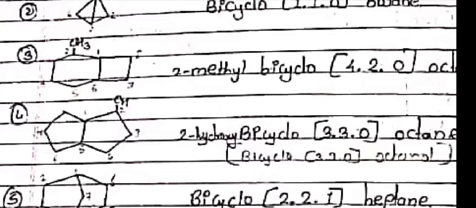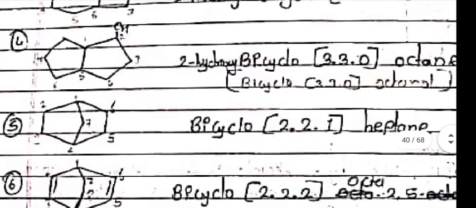Numbering should start from a bridgehead carbon atom, so 1 2, in such a way that the substituents get the minimum possible numbers. So numbering starts from the methyl groups: 1 2 means 1,2-dimethyl, bicyclo 4 2 0 octane is the name of the compound.